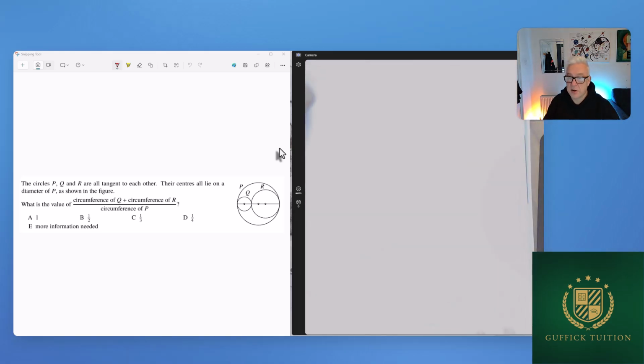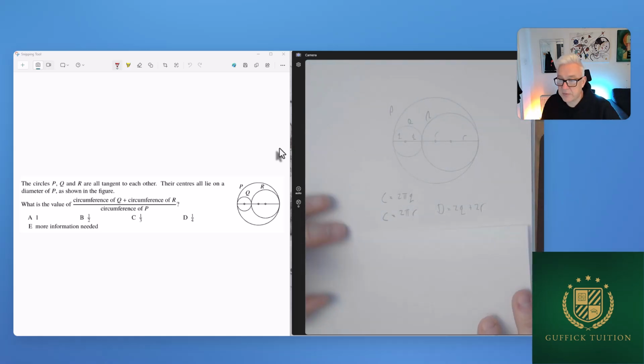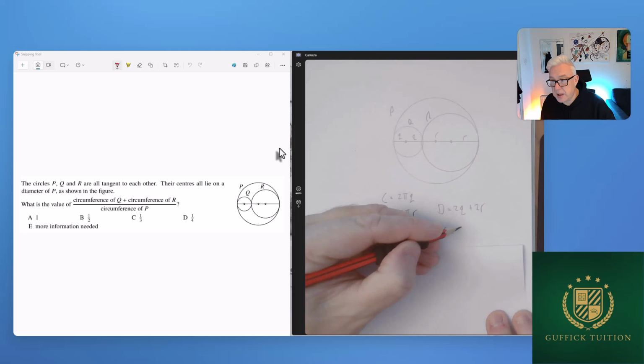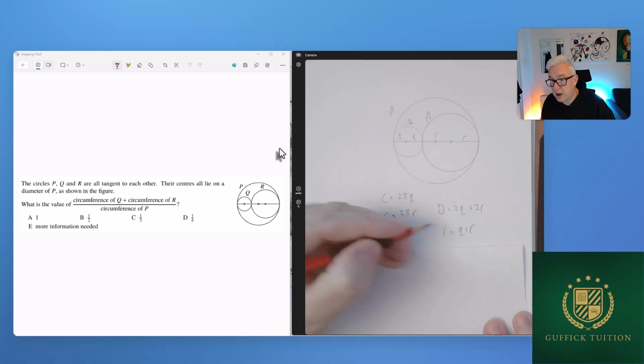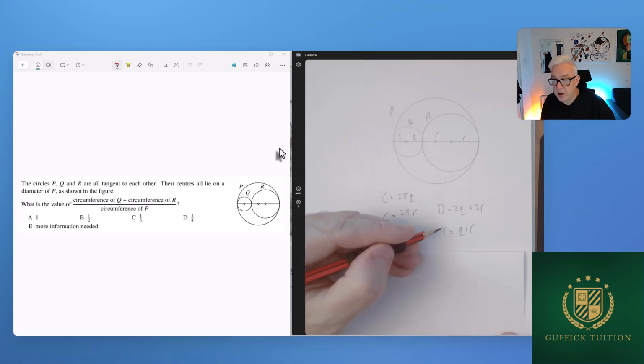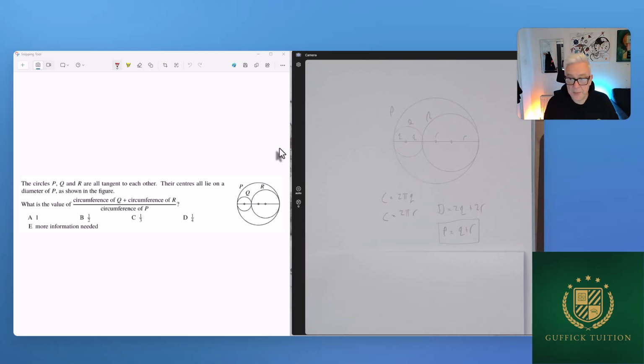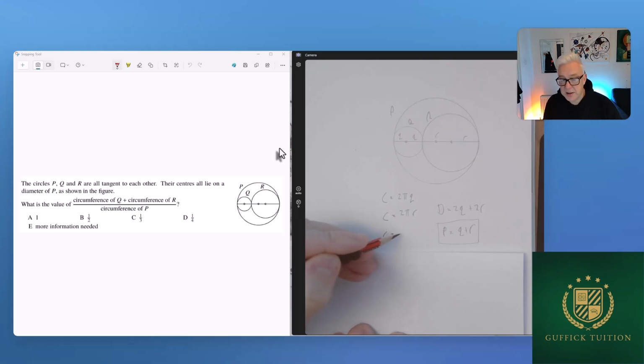So the radius is going to be Q plus R. That's going to be our radius of P. So if I put down P, there's the radius of P. It's Q plus R.